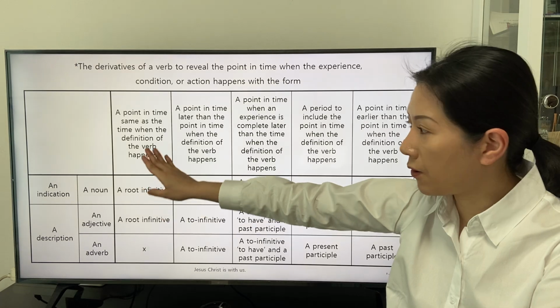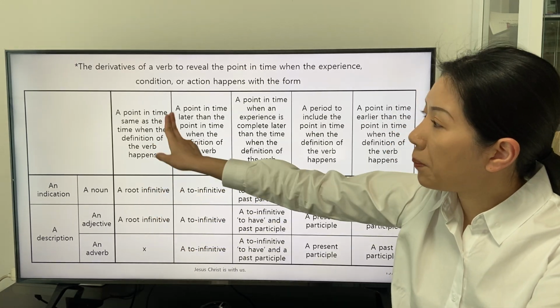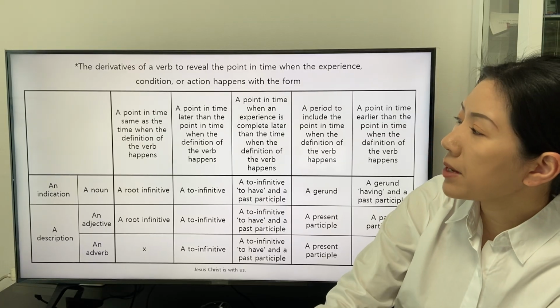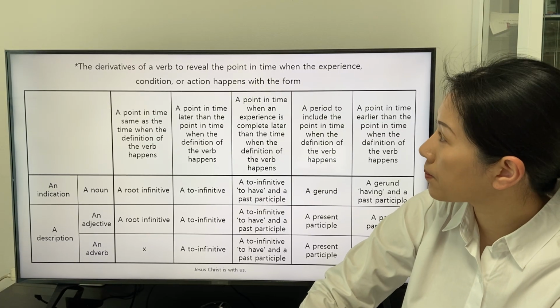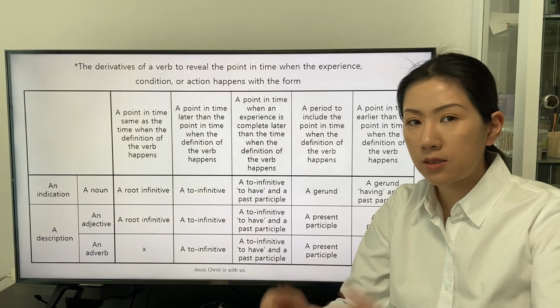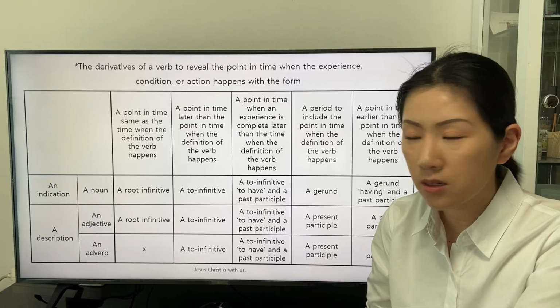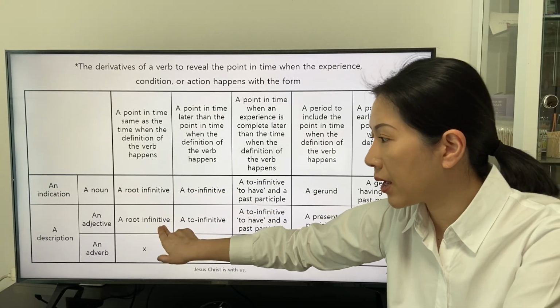Let's see from the first column. In the first column, a point in time, same as the time when the definition of the verb happens, is indicated by a root infinitive and described by a root infinitive.